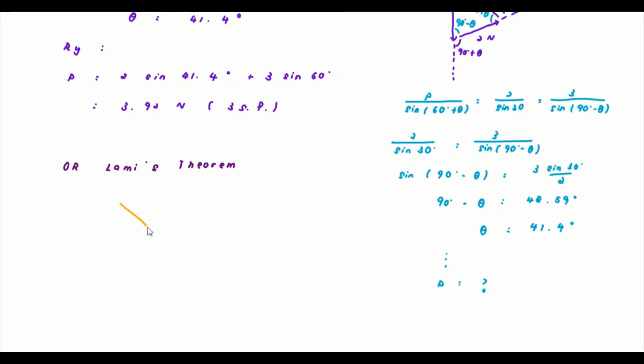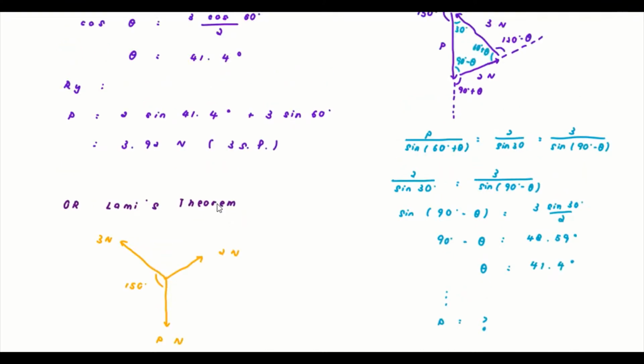So I have this, this, and this. This is my 3 Newton, my 2 Newton, and my P Newton. So by looking at the diagram just now, I know this is 60 plus 90, so this is 150.